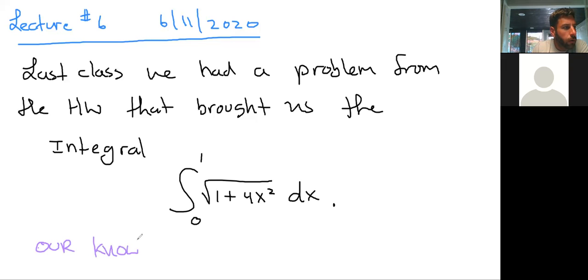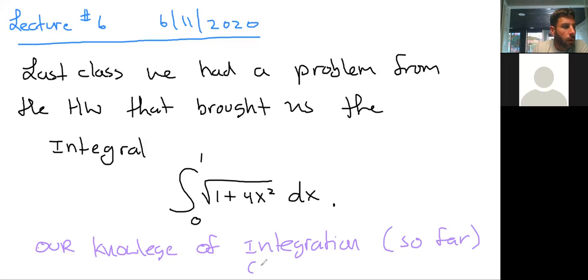Our knowledge of integration so far can't help us. What I mean by that is there's no algebraic trick, there's no simple identity, and there's no u substitution in an obvious way that's going to help you.